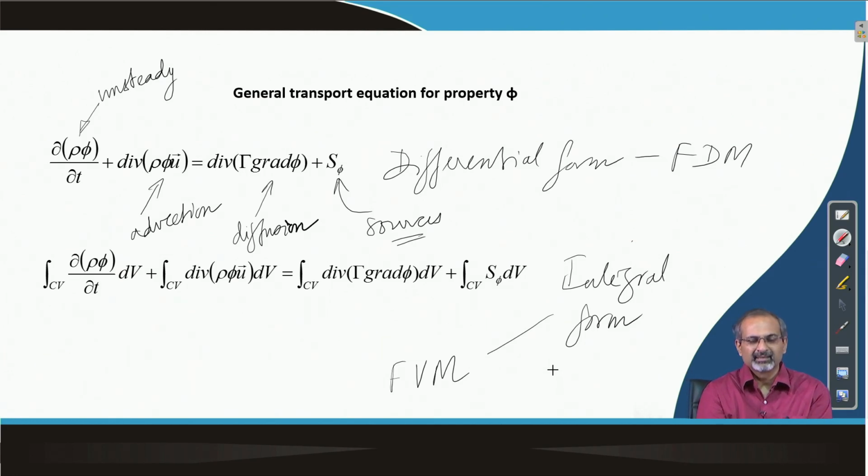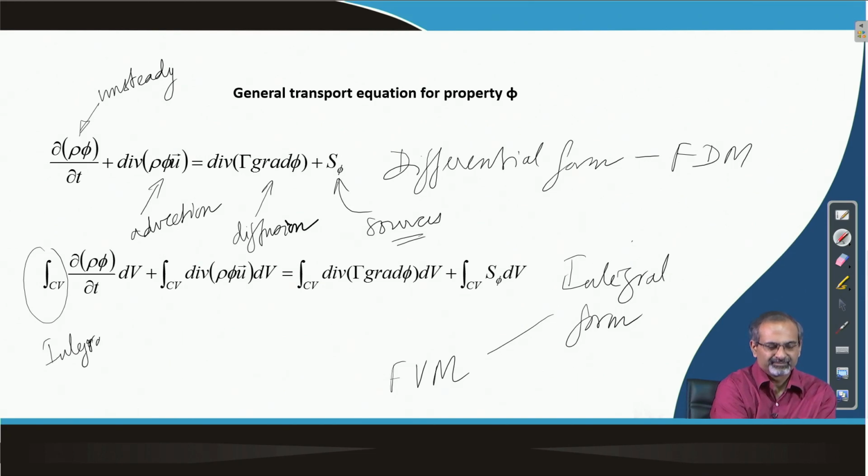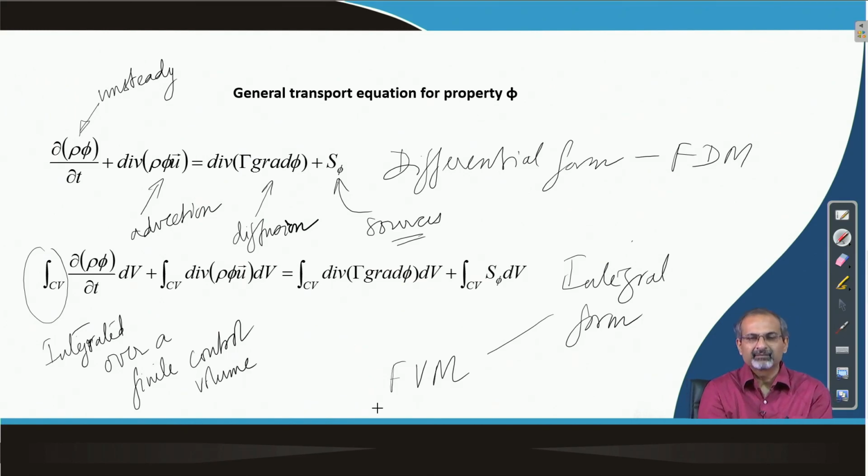In one case, the equation has a differential nature, in another case the equation term by term is integrated over a finite control volume. So, obviously, the second form is more appropriate for discussing the finite volume technique.